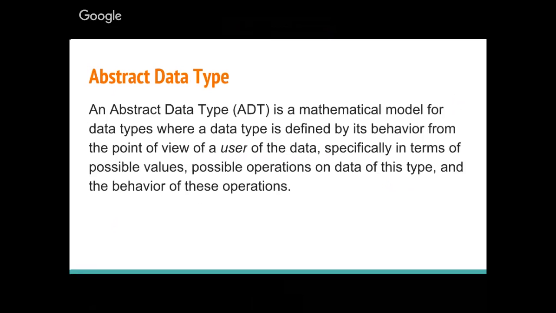Especially in terms of possible values, operations on this data type, and the behavior of the operations. All these things determine what an abstract data type is. Now, data structures are simply the implementation of these abstract data types.